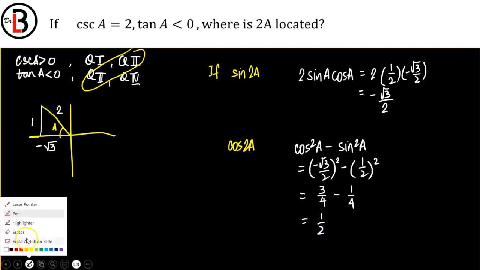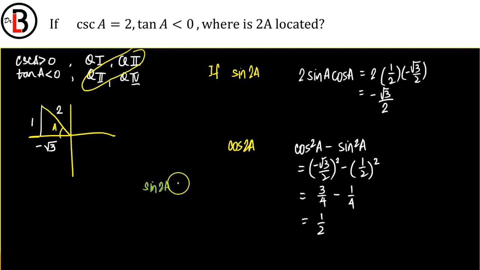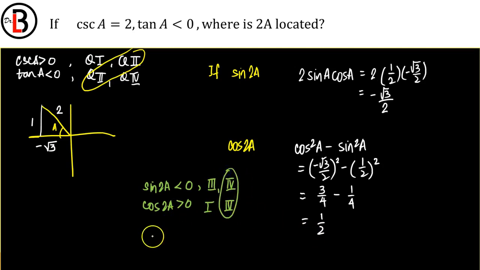So the thing is, sine 2A is negative, but cosine of 2A is positive. So sine would be negative in the third and fourth quadrants, whereas cosine would be positive in the first and fourth quadrant. So since the fourth quadrant repeated, that means angle 2A is in quadrant number 4.